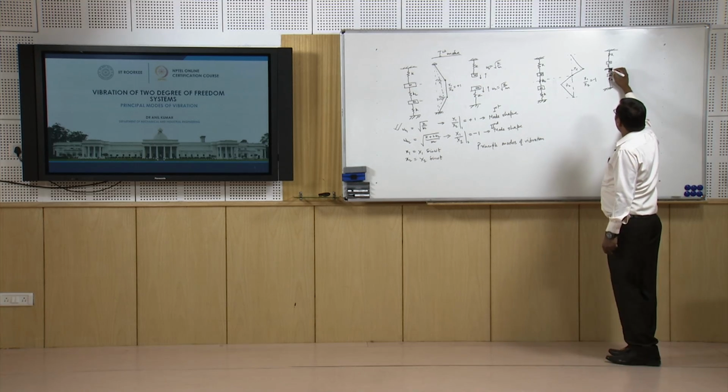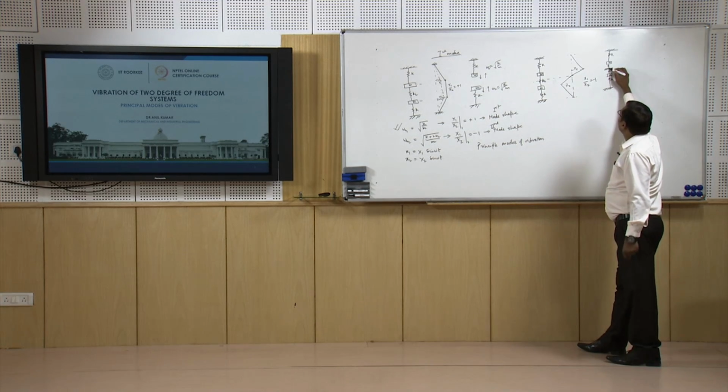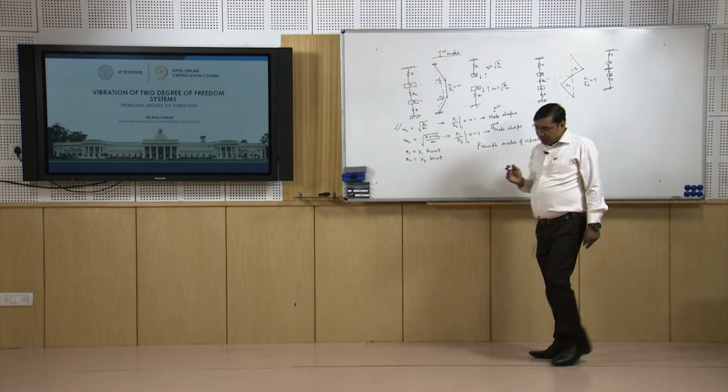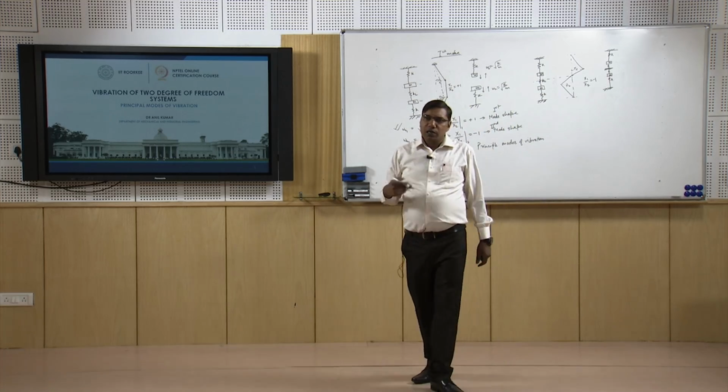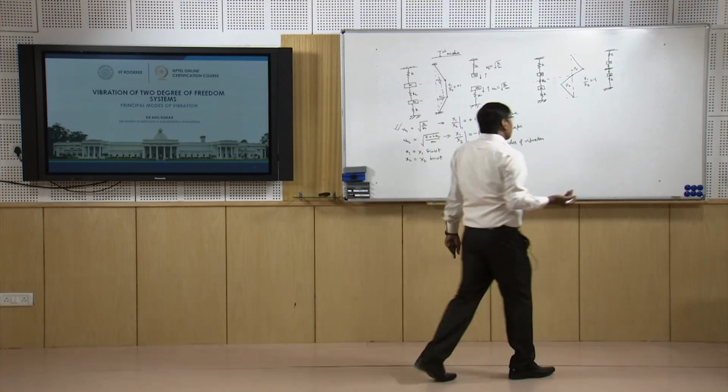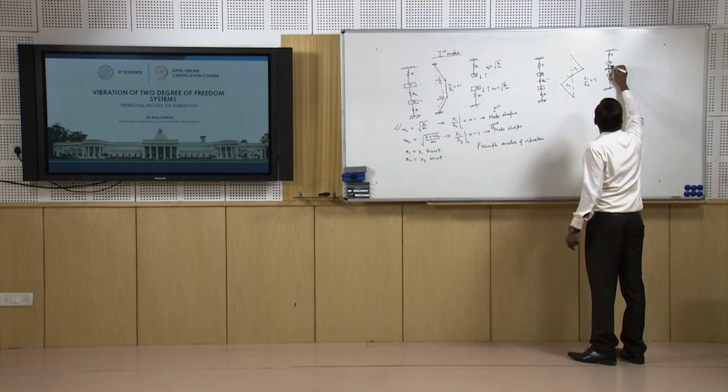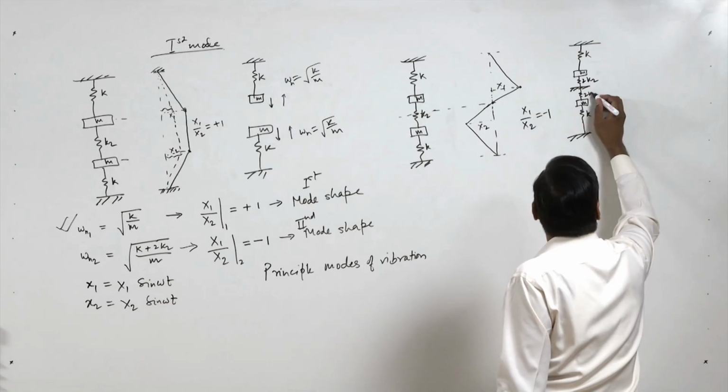If we halve the spring, the stiffness will be doubled. So it is 2 K2 and this is 2 K2.